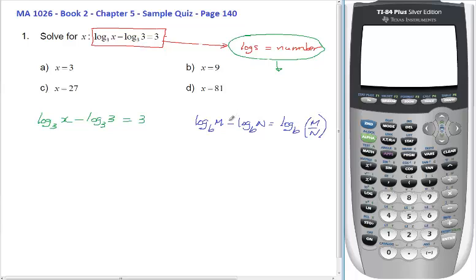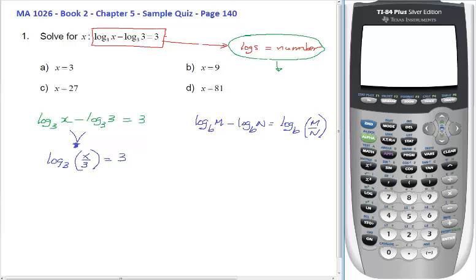So when it's subtraction, we divide. Therefore, I can bring these two together as log base 3 of x over 3 equals, the other side stays the same, 3.